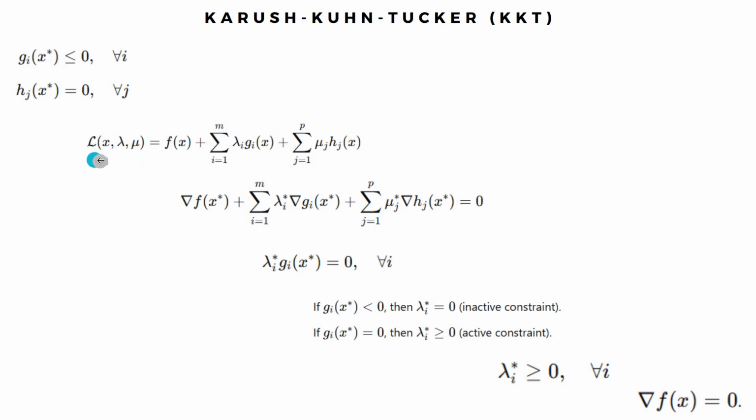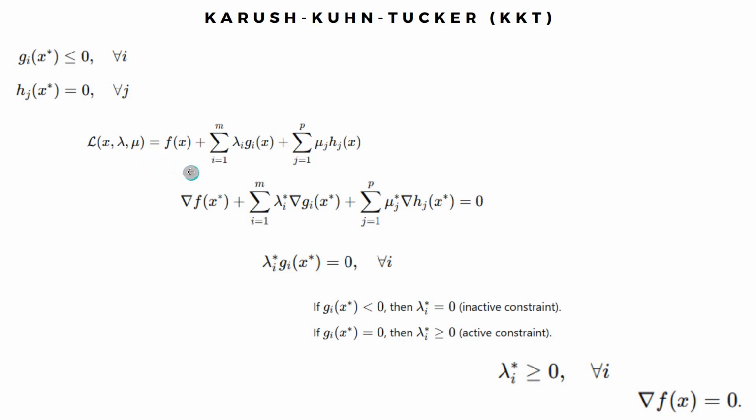L of x, lambda and mu equals f of x plus the summation from i equals 1 to m of lambda sub i times g sub i of x, plus the summation from j equals 1 to p of mu sub j times h sub j of x. This equation is balancing three components.